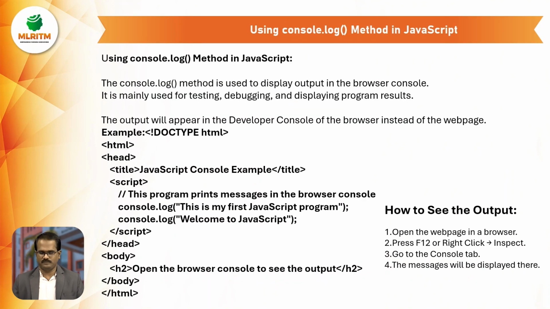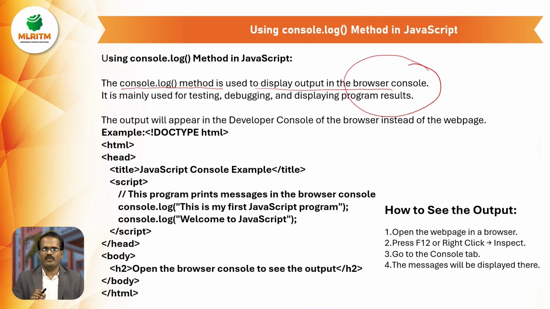Next, console. Using the console.log method. How can we use the console.log method to write JavaScript? Usually, the console.log method is used to display the output in the browser console in the dev tools. We need to inspect the web page. After inspecting, we are able to see the elements, right?